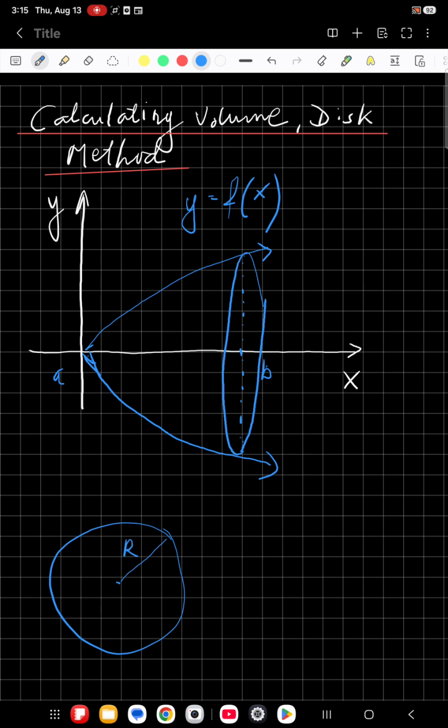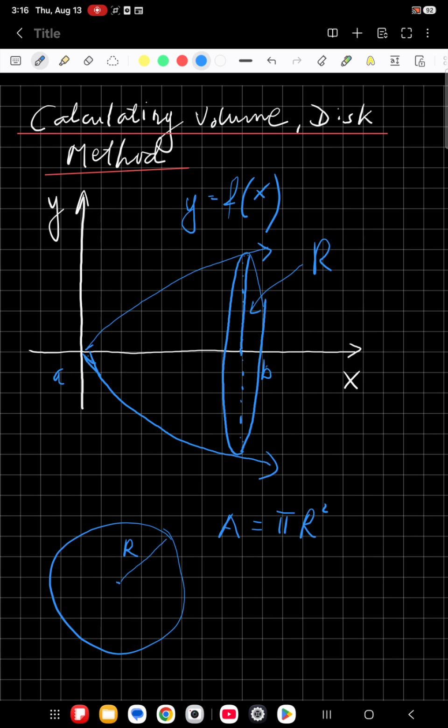So that radius will be here. And of course, if it's a circle, then we could very easily calculate the area of that circle. The area of the circle would be pi r squared. But of course, we're not interested in area.